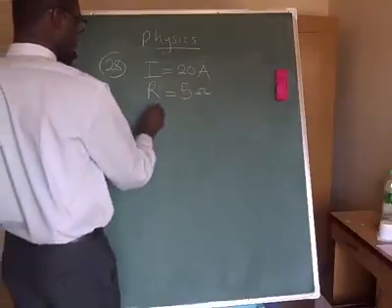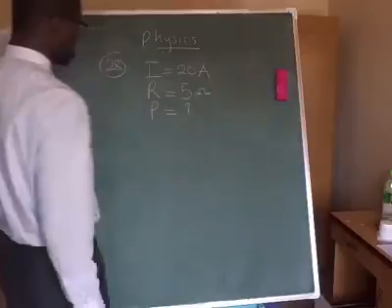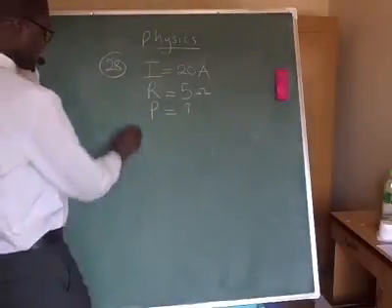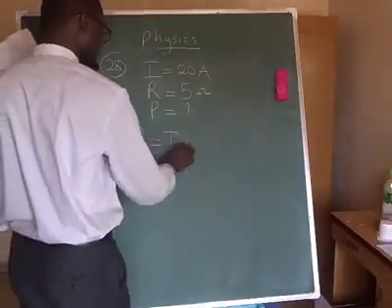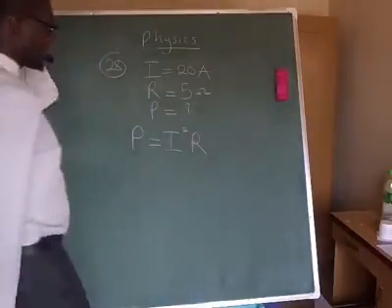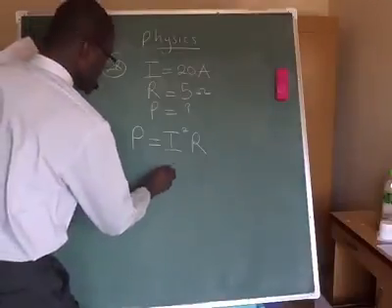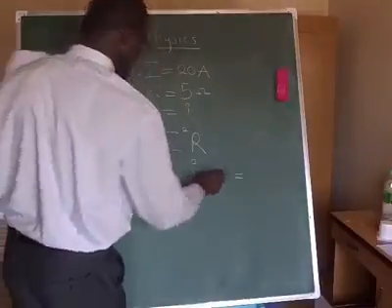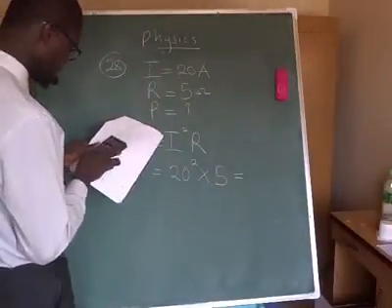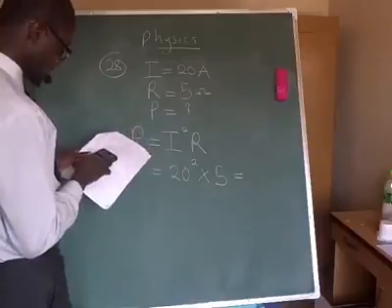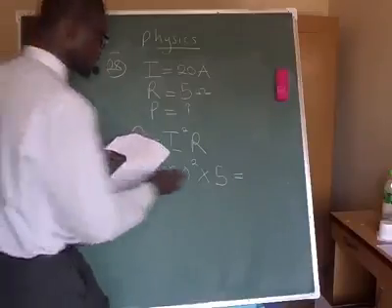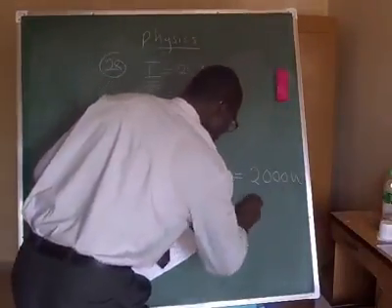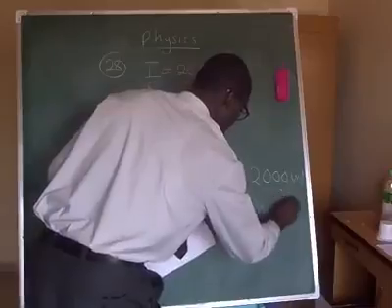So we're looking for electric power. What formula relates I and R to P? We know that power is equal to I squared times R. My I is 20, so I have 20 squared multiplied by my resistance, 5. So 20 squared multiplied by 5, I have 2000 watts, or 2 exponential 3 watts. It's still the same thing.